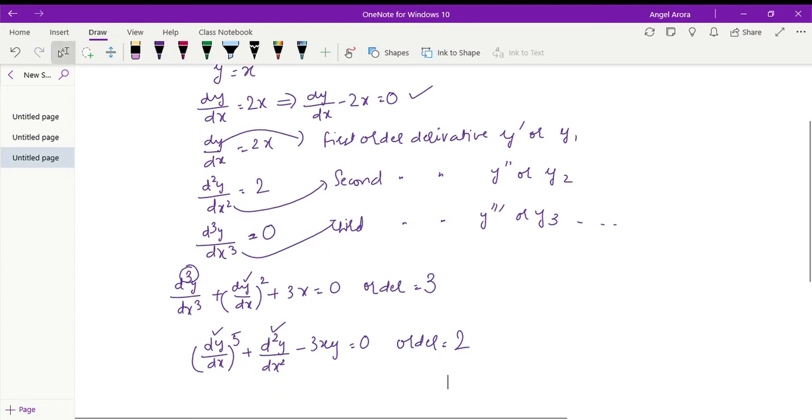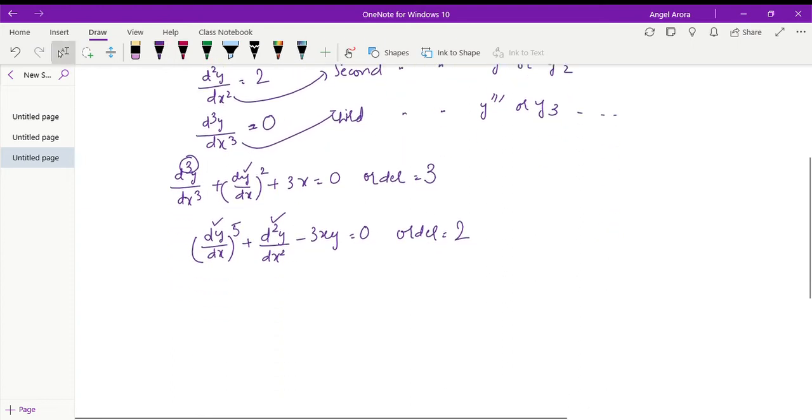Now the degree of the differential equation. So what is the degree? Degree is the highest power of the highest order derivative involved in a differential equation. For example, in this equation, the highest order derivative is of second order and its power is 1.